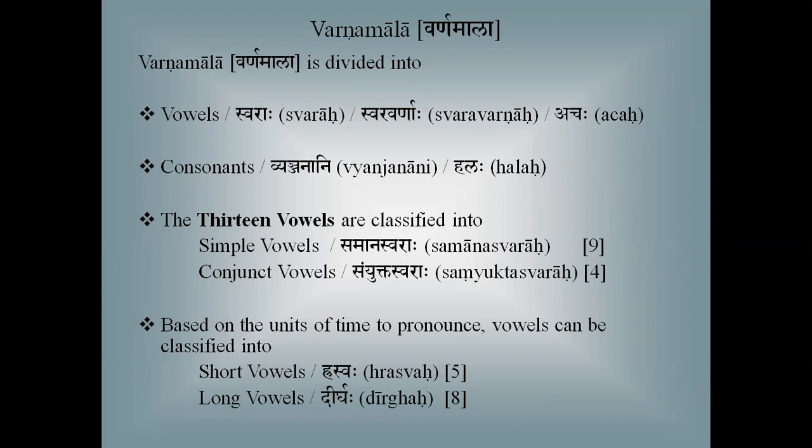And consonants are called Vyanjanani, the plural form of consonants. Singular is Vyanjanam, plural Vyanjanani. And consonants are denoted by the word Halaha. Halaha denotes the entire set of consonants. All the 33 consonants are denoted by the shortest word Halaha.